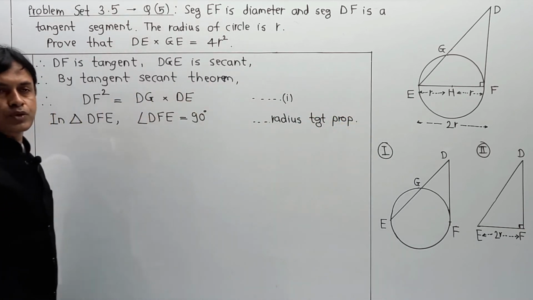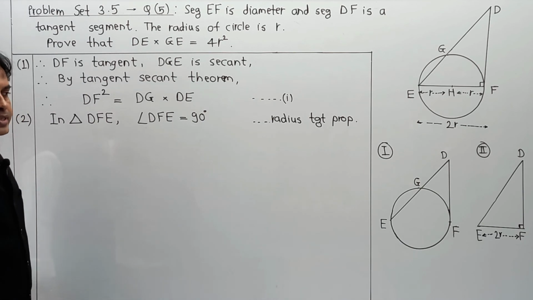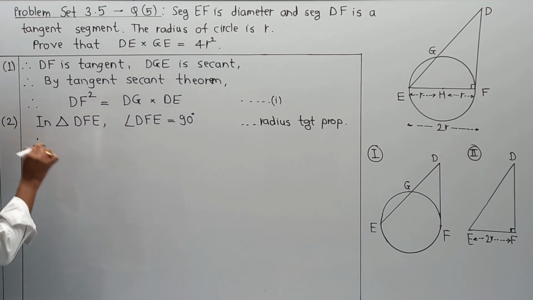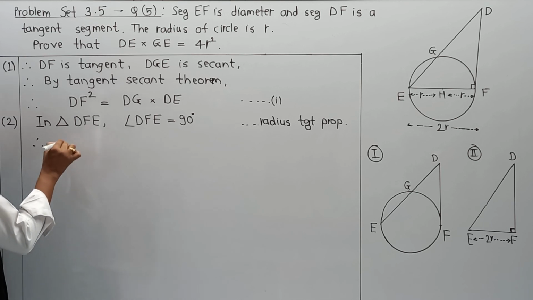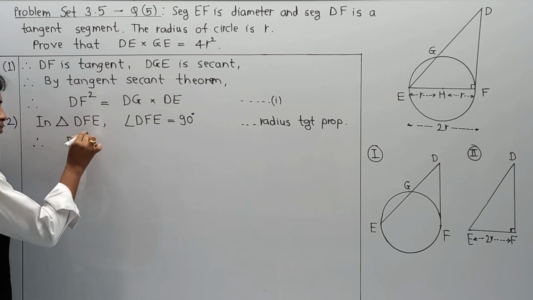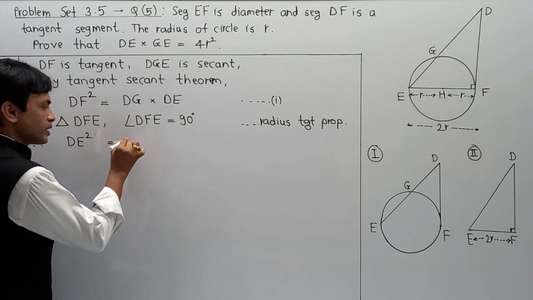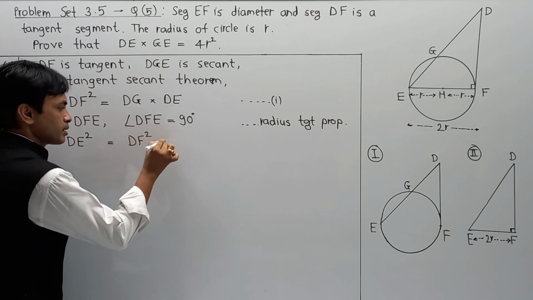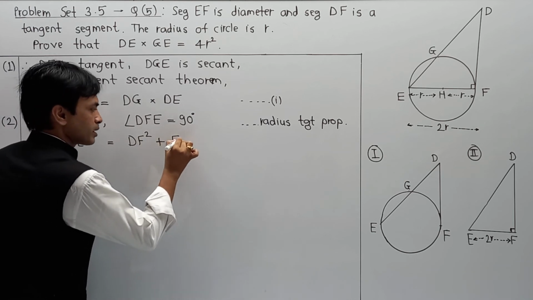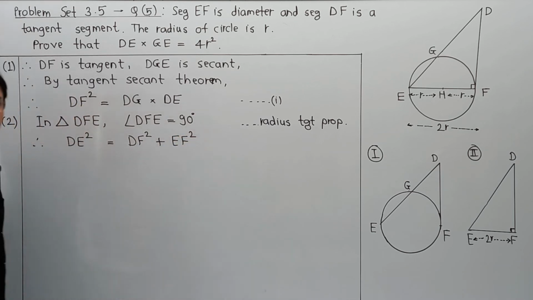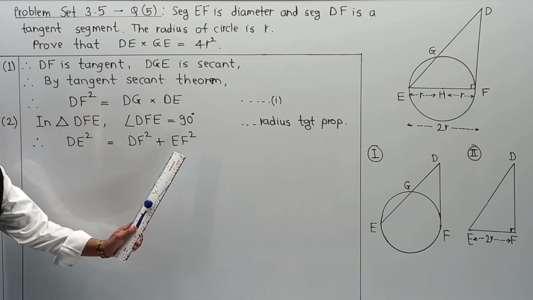Now, we are ready to use the Pythagoras theorem and we can write DE square, means hypotenuse square, is equal to DF square plus EF square. Now, this is nothing but a simple presentation of the Pythagoras theorem.